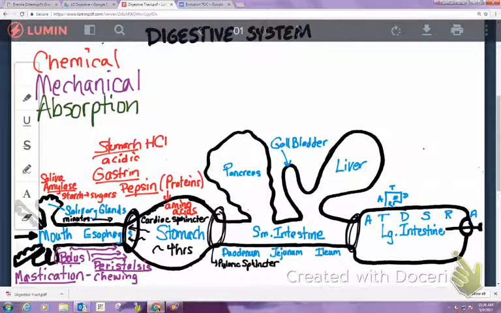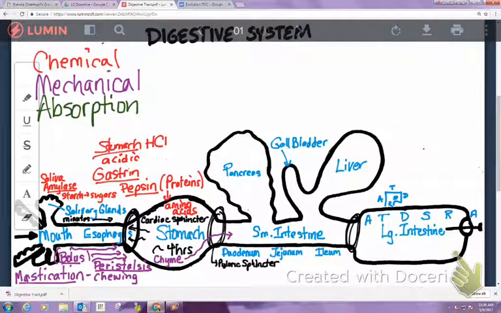And now I'm going to switch to purple because I'll give you the name of the material there. Now it's called chyme. And the chyme flows out into the small intestine. But still, we have not done any absorption. We've only been doing mechanical and chemical breakdown.